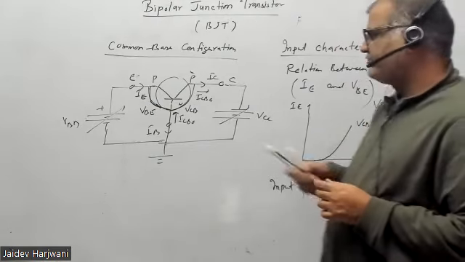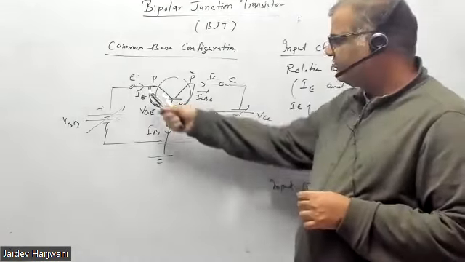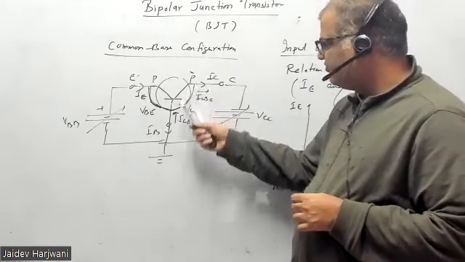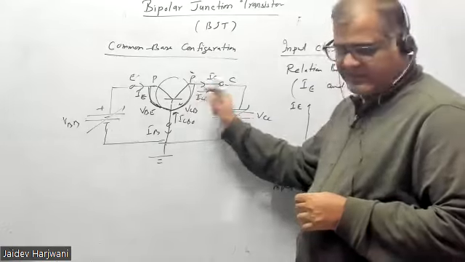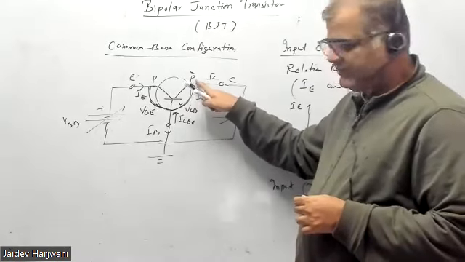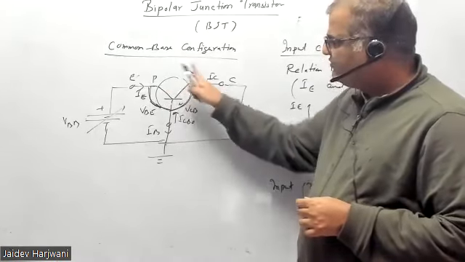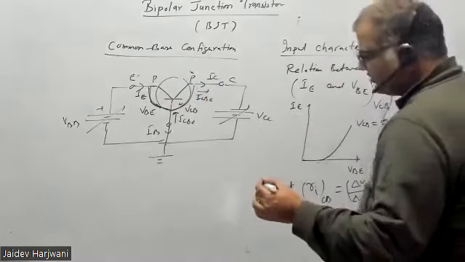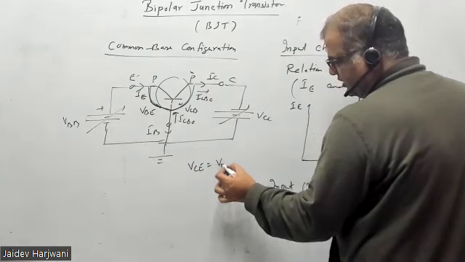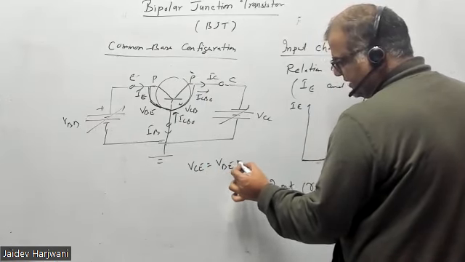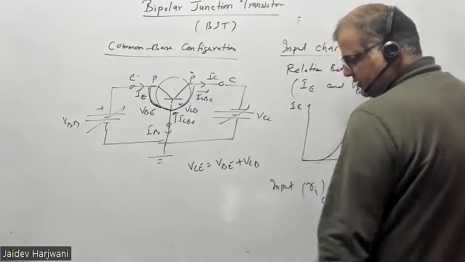Automatically, if there is some voltage here, and I'm applying some voltage here, I'm changing this, so my VCB increases, so this P part becomes more negative. Basically VCE is equal to VBE plus VCB.